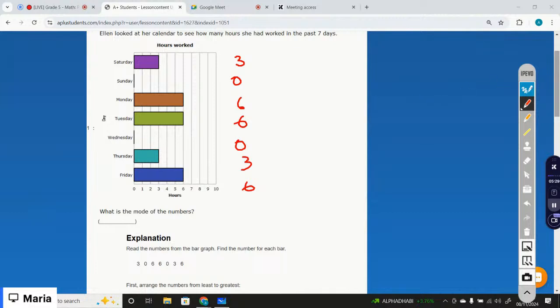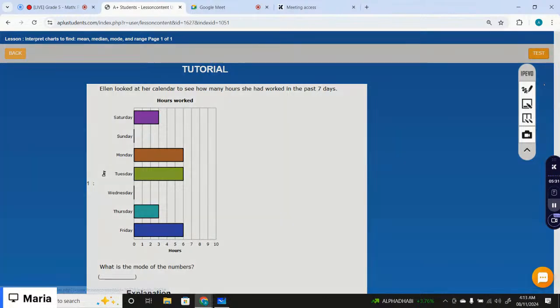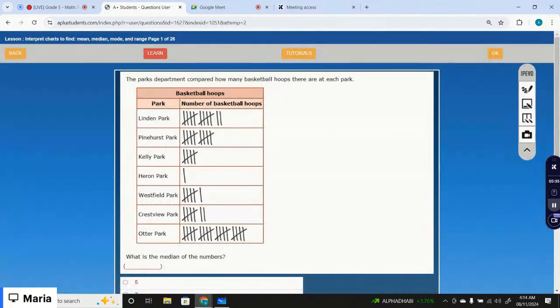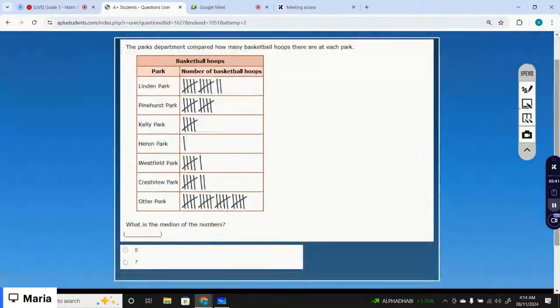Okay, let's just start with the test questions. The Parks Department compared how many basketball hoops there are at each park. What is the median of the numbers?